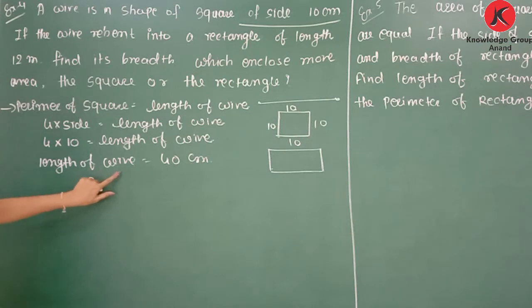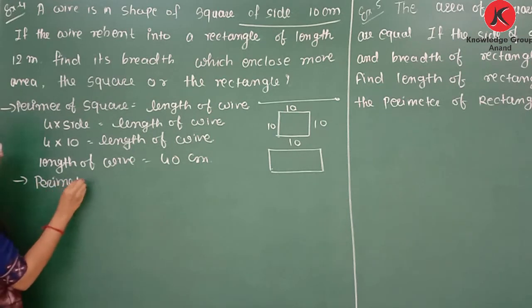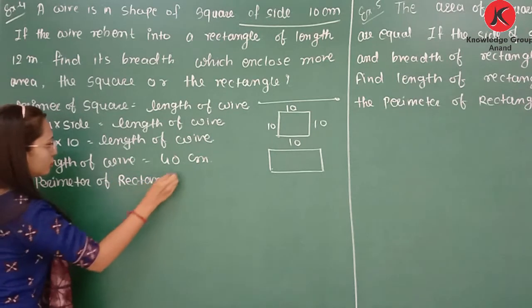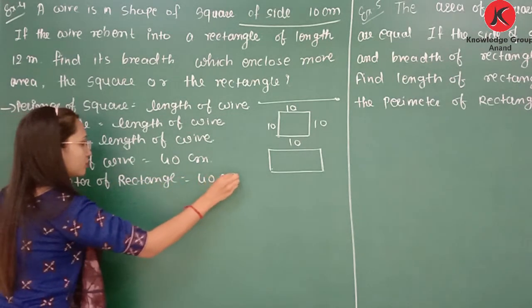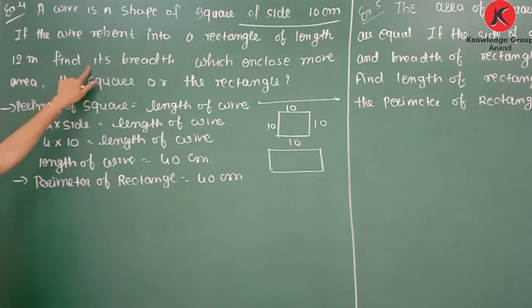Now the length of wire is also the perimeter of the rectangle, so we can write perimeter of rectangle is also 40 centimeters. But here we need to find the breadth of the rectangle.